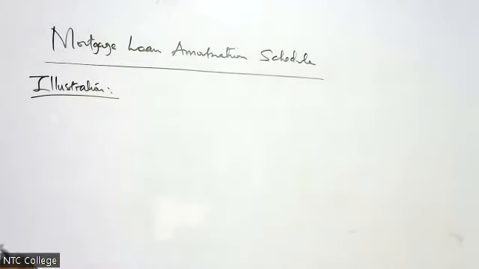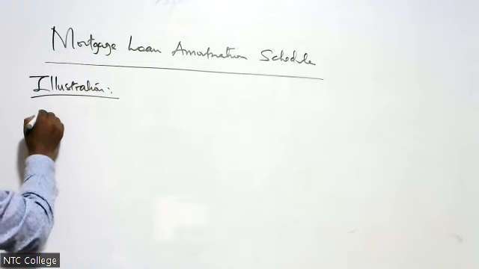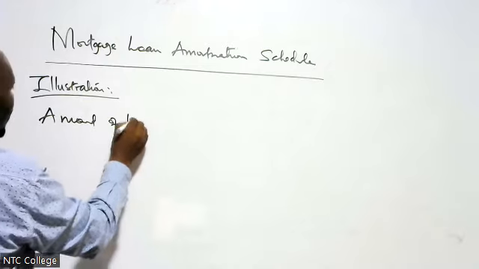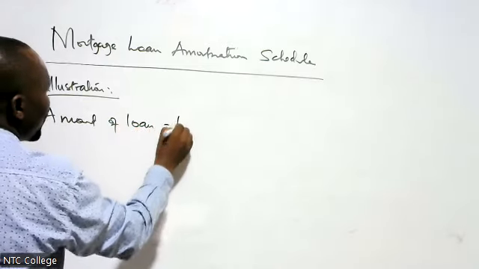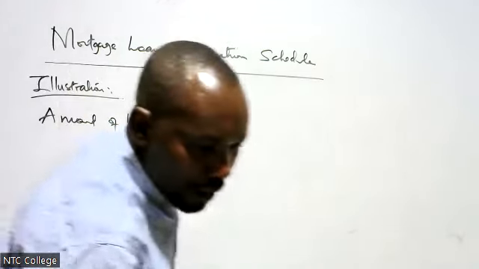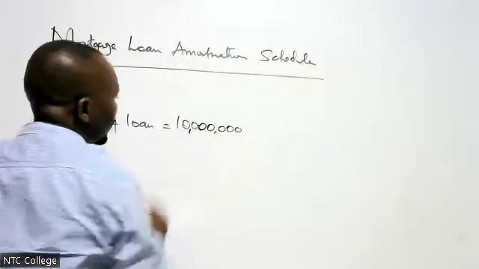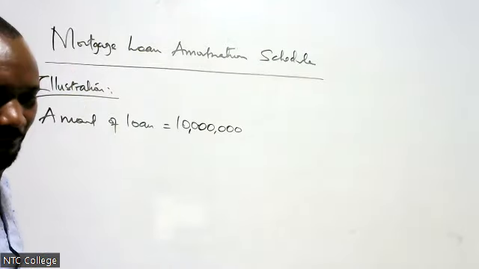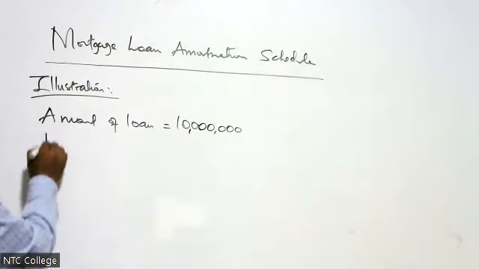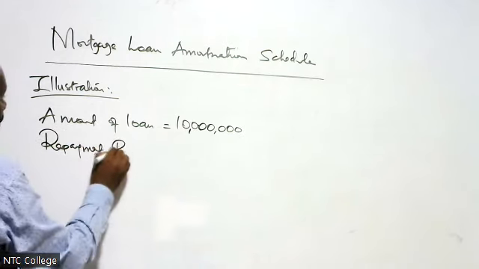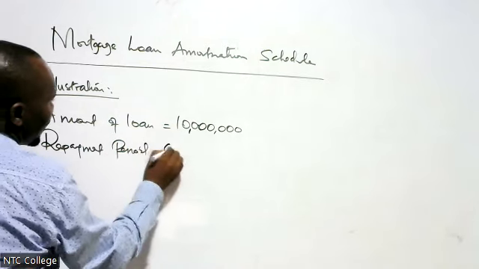Consider a situation where somebody has taken a mortgage loan. Amount of loan to be 10 million. And then we have number of years, repayment period, six years.